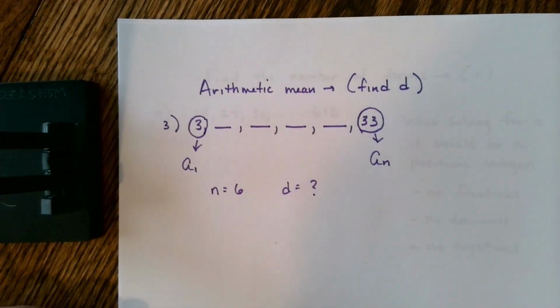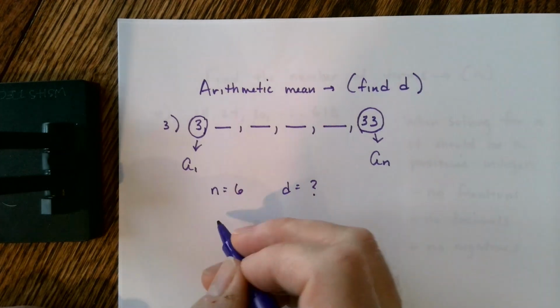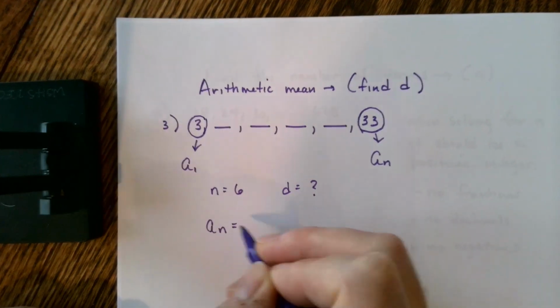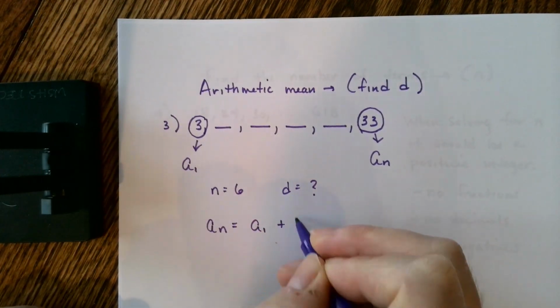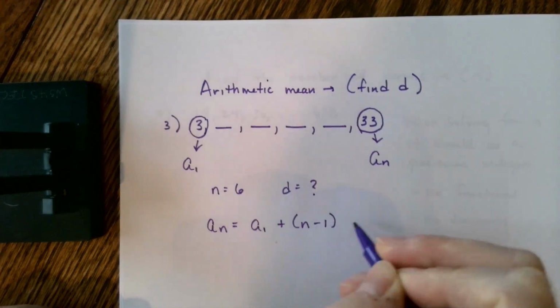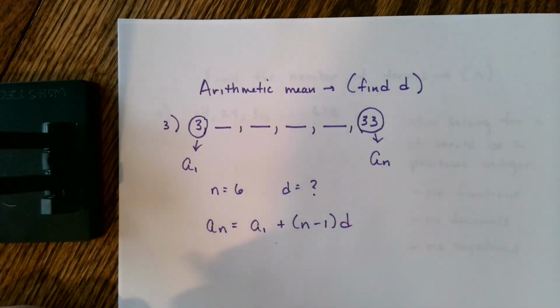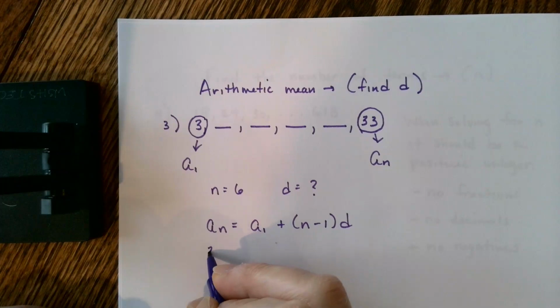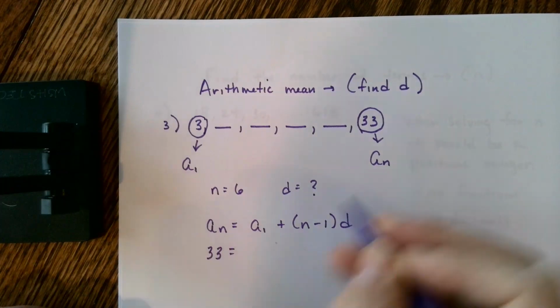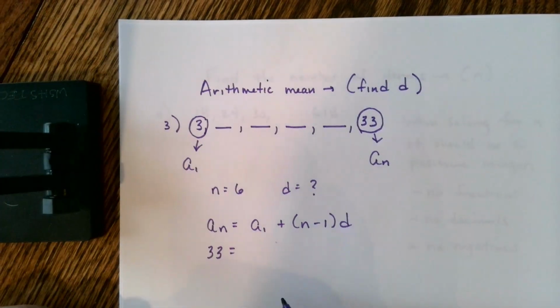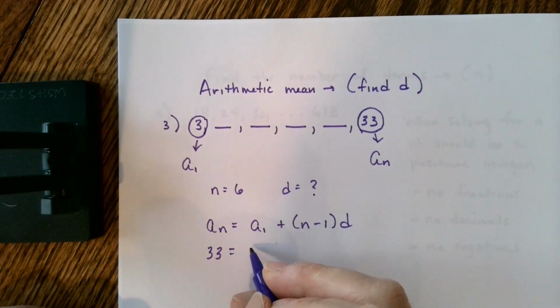I do not know what the common difference is, but I can still use my formula. A sub n is equal to the first term plus n minus 1 times d, where a sub n in this case is 33, or the sixth term's value is 33. My first term is 3.